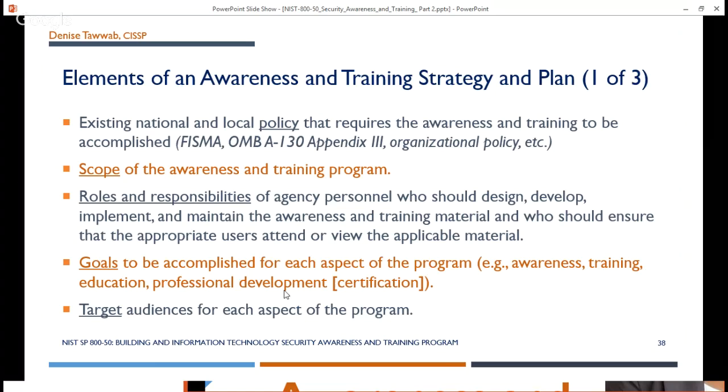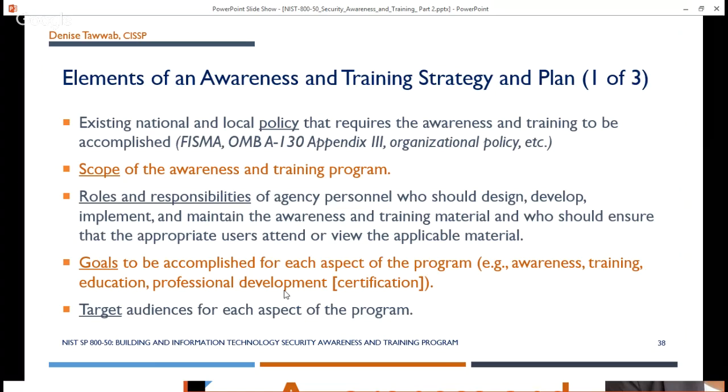Another element is the scope of the awareness and training program. Then you have the roles and responsibilities of the agency personnel who should design, develop, implement, and maintain the training material, and who should ensure that the appropriate users attend or look at the applicable material.